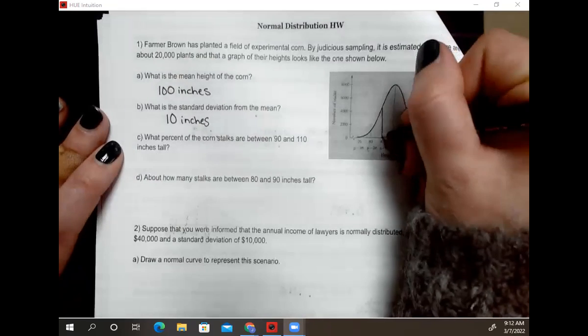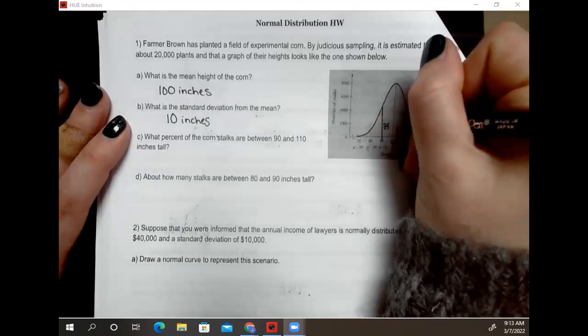Part C, what percent of the corn stalks are between 90 and 110 inches tall? From 90 to 110, that's one standard deviation on either side of the mean. The curve that we labeled at the start of our notes had those percentages in there. These are each 34%, so 34% here, 34% here.